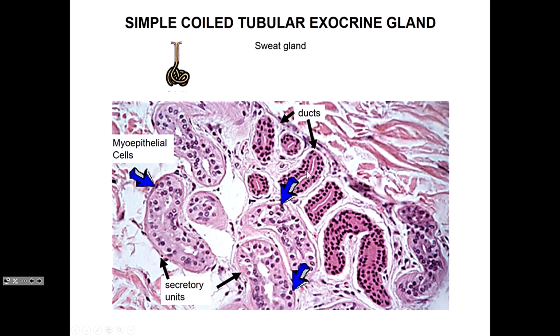Not always easy. You need to get a good example. So I would show a good example where you can see the branch. And in this one, you would look at this and you would see that the duct portion is stratified cuboidal. So you know you're looking at the merocrine sweat gland.